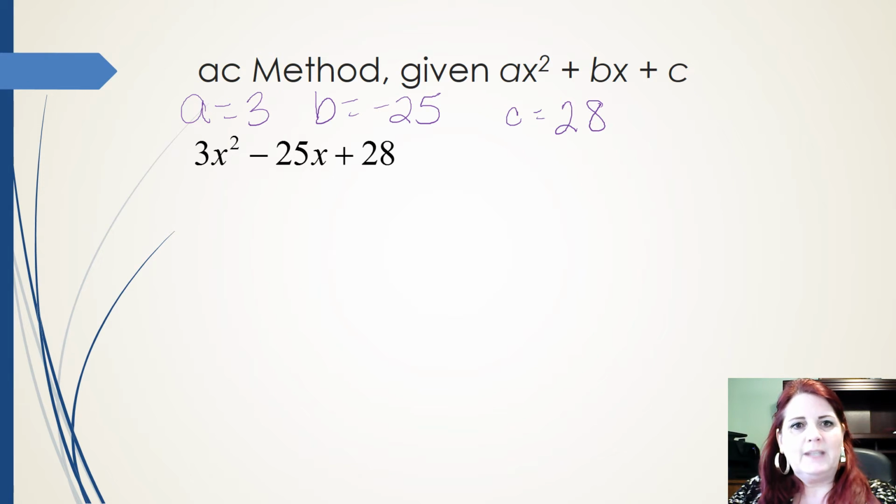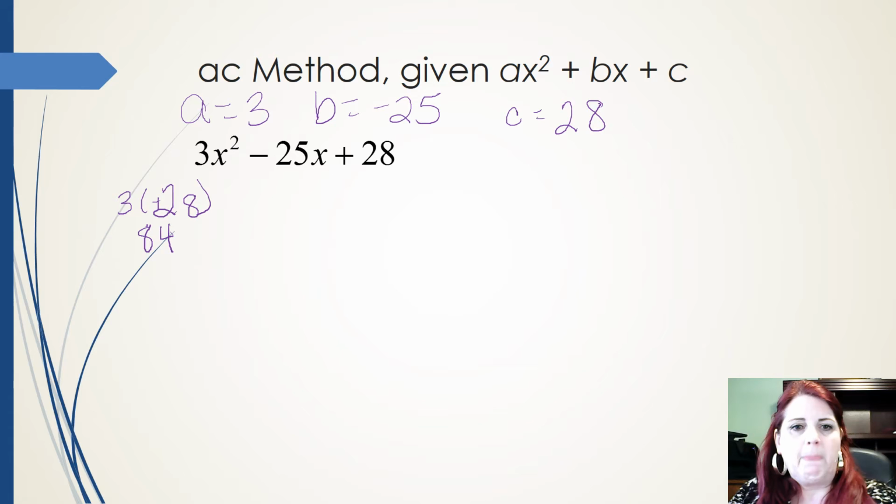So when I do A times C, it's 3 times 28, and that's going to give us 84, and not negative. I'm sorry, I had said negative 28, but that's B, not C. Okay, let's erase that.